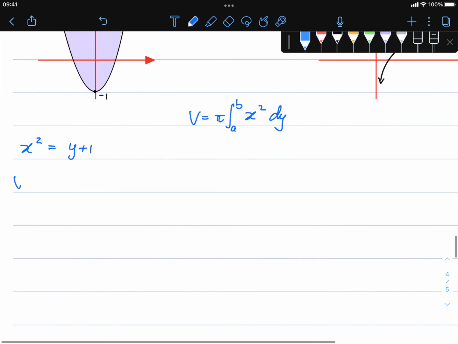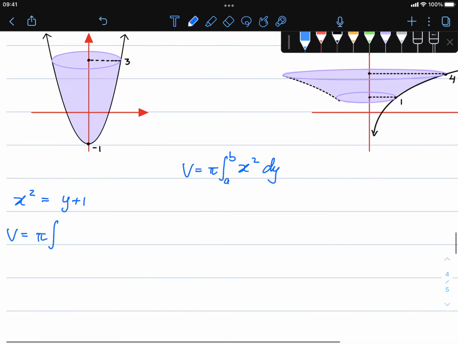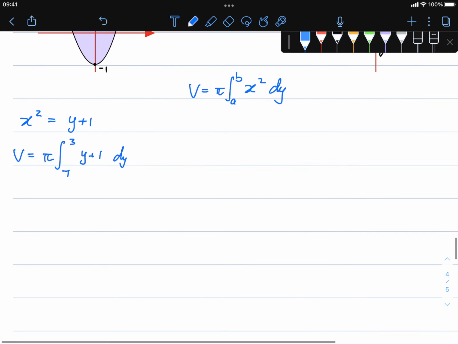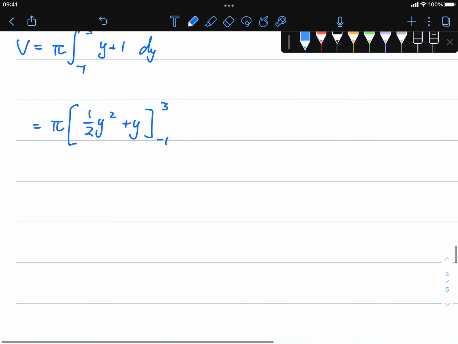And so now to calculate the volume, it is pi times the integral from -1 to 3 of x squared, which is already y plus 1, dy. Integrating this, we get half y squared plus y from -1 to 3.